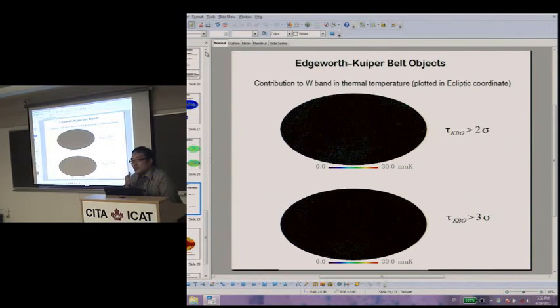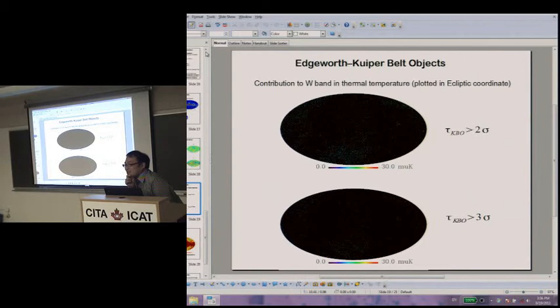Okay, so you have the noise. I'm just asking, have you checked what percentage of pixels are more than 2 sigma detections? I haven't counted yet, but it looks like 10 or 20%.